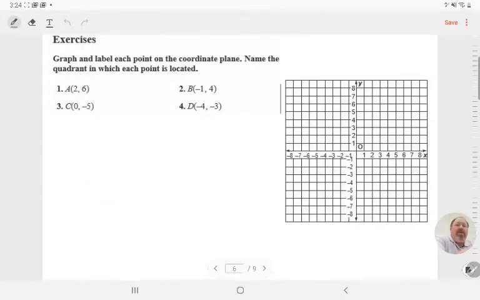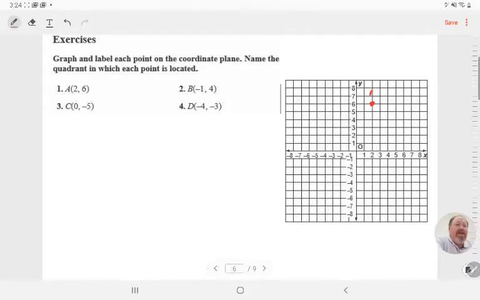So here's one. This is where you would pause the video, try this, and then come back, okay? If you have graph paper, use graph paper, or again, you can draw your own coordinate plane. All right, it says graph and label each point on a coordinate plane. Name the quadrant in which each point is located. So 2, 6. So I'd go over to 2, and then go up to 6. And it would go right here.